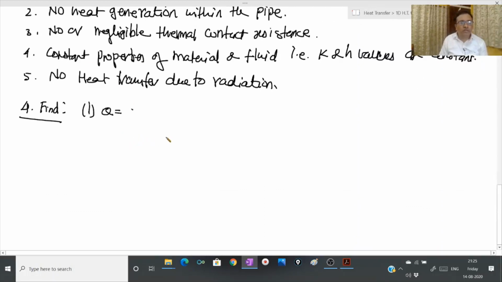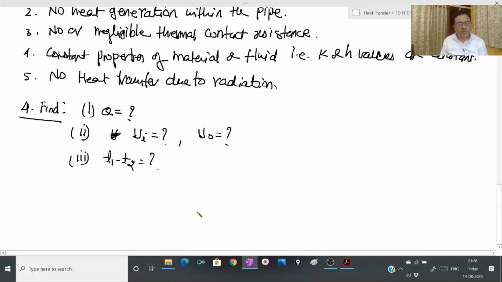The Q value; second one is overall heat transfer coefficient, and it is asking you to calculate overall heat transfer coefficient based upon the inner diameter and based upon outer diameter. And third thing, it is asking to calculate temperature difference across the various material layers. So it is nothing but T1 minus T2, T2 minus T3, and T3 minus T4.